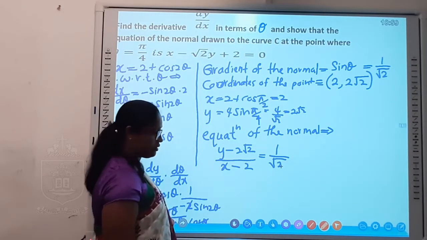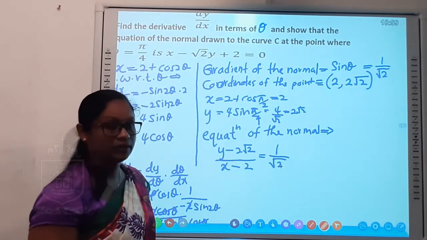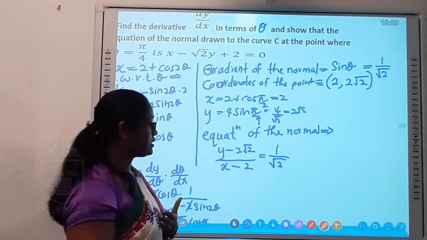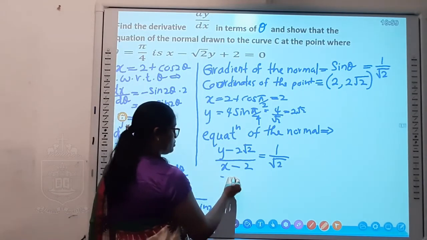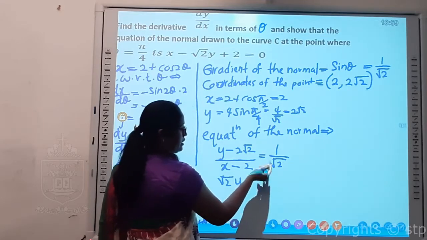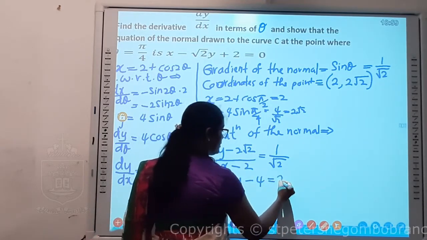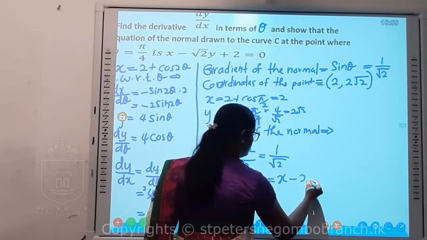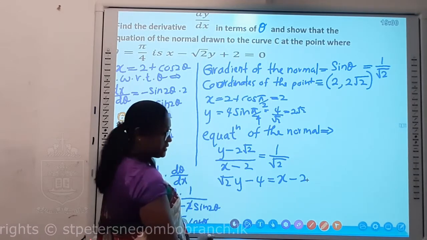Now I just apply the cross multiplication and arrange the equation. Actually this is the equation, but I arrange it in the format of ax plus by plus c. So root 2 y minus, if I multiply, this will be 4, and then x minus 2. Okay, so I bring all the terms to one side.